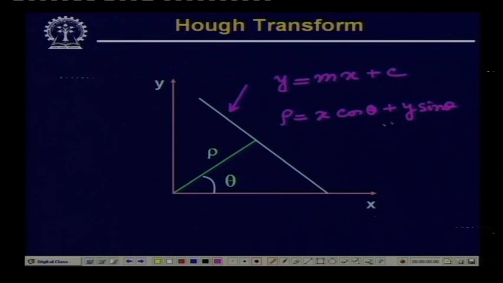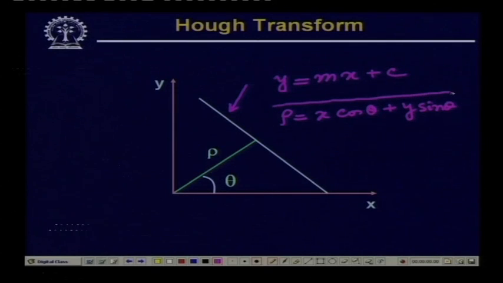So, you find that the parameters of the straight line, which is defined in this normal form rho is equal to x cosine theta plus y sin theta, are rho, which is the length of the perpendicular drawn from the origin to the given straight line, and theta, which is the angle formed by this perpendicular with the x axis.